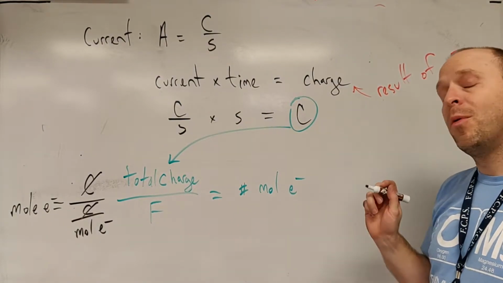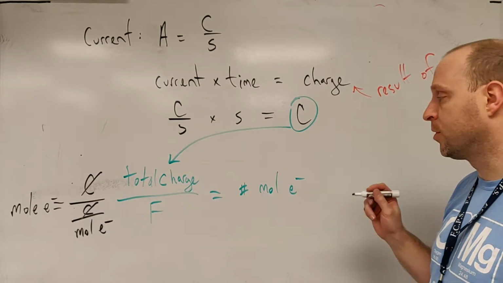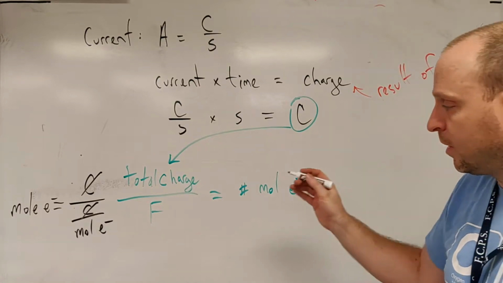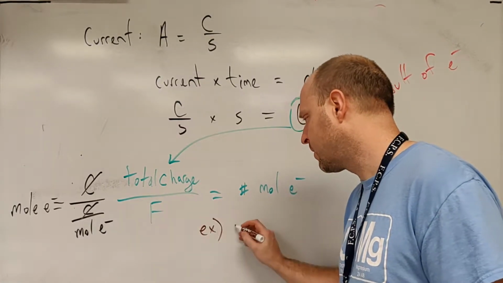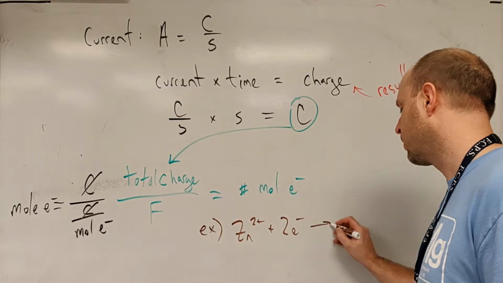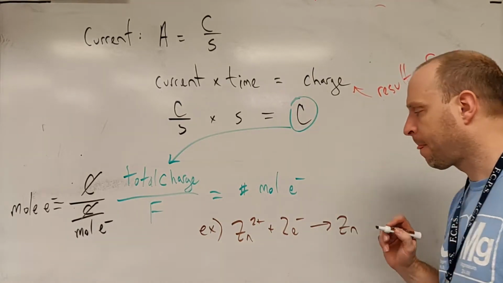super useful, but we can turn that moles of electrons into moles of our species using the half reaction for the cell. So for example, in this case, let's say we had Zn2+ plus 2 electrons going to solid zinc.